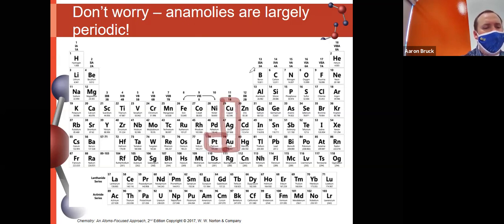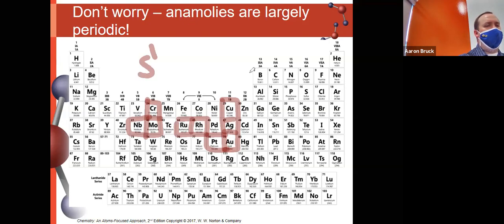If I plot them out on the periodic table, those are my S1 exceptions. And in particular, I want to highlight two of these groups. Group 6B, otherwise known as the D4 configuration, and group 1B, otherwise known as the D9 configuration.